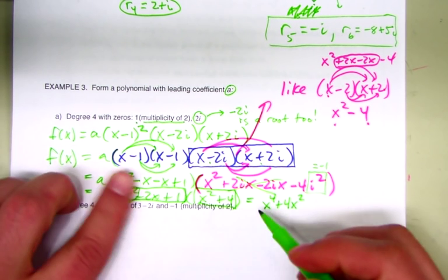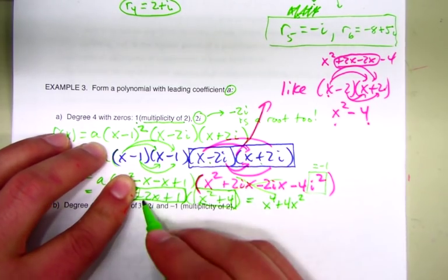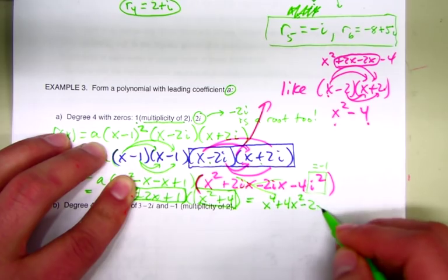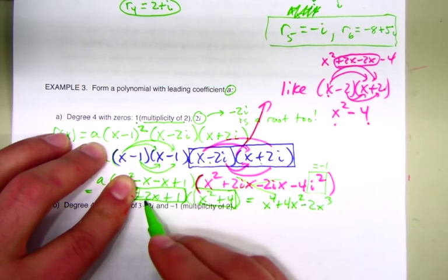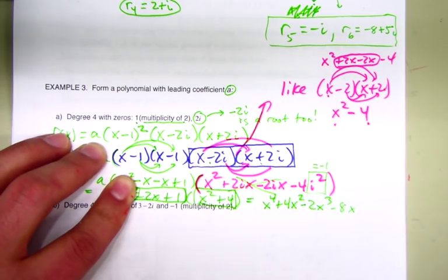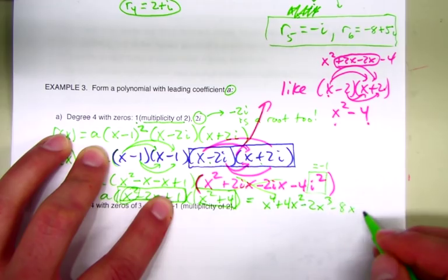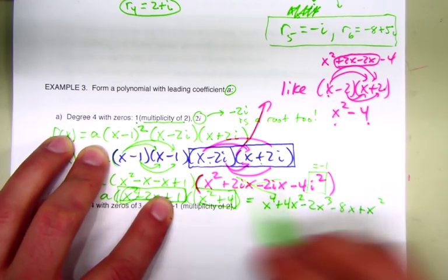Now I take the negative 2x and distribute it to every term. So that'll be negative 2x times x squared, which is negative 2x cubed. Negative 2x times 4 is negative 8x. Okay? Now we just have the 1 to distribute. 1 times x squared is x squared. 1 times 4 is 4.